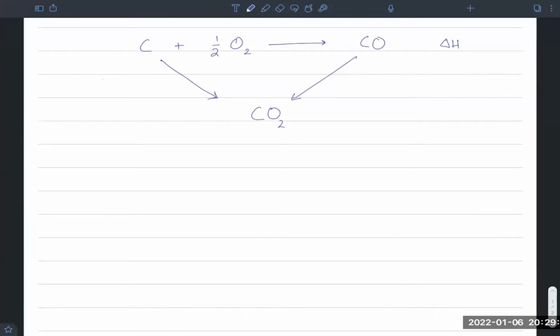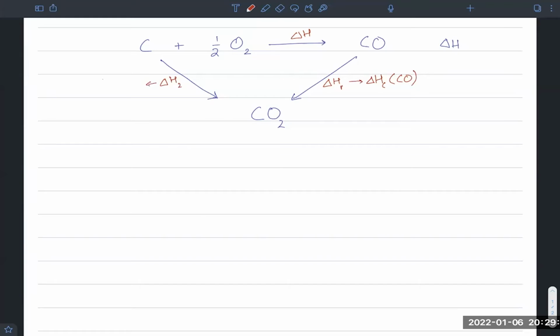Now in this Hess cycle, what do I need? I need to figure out this delta H. Let me call this delta H1 and this delta H2. What is delta H1? It is delta H combustion of 1 mole of carbon monoxide. And what is delta H2?